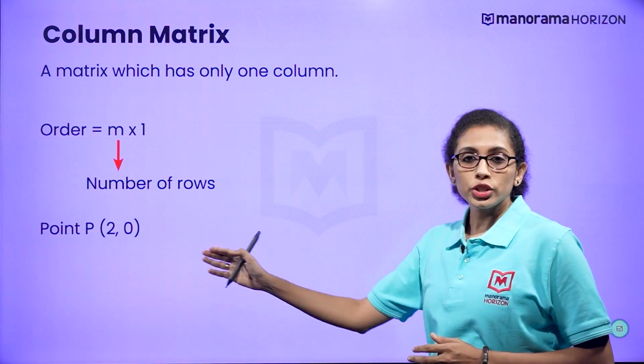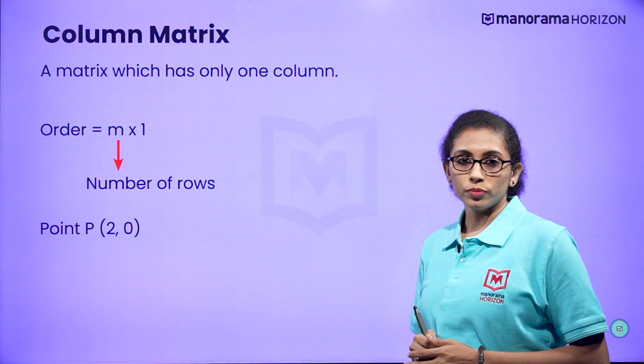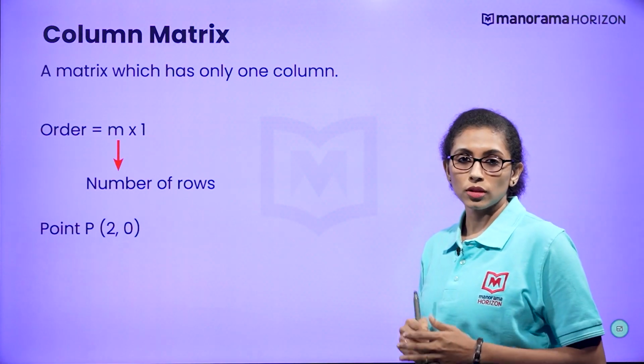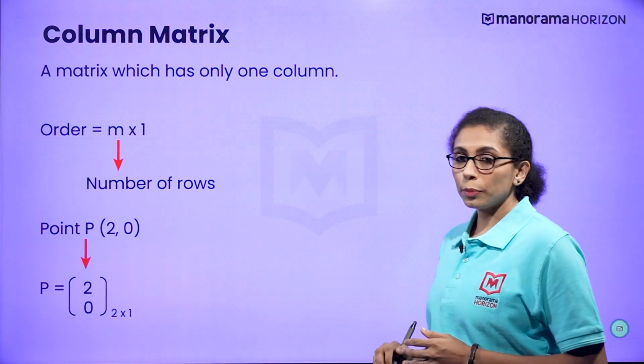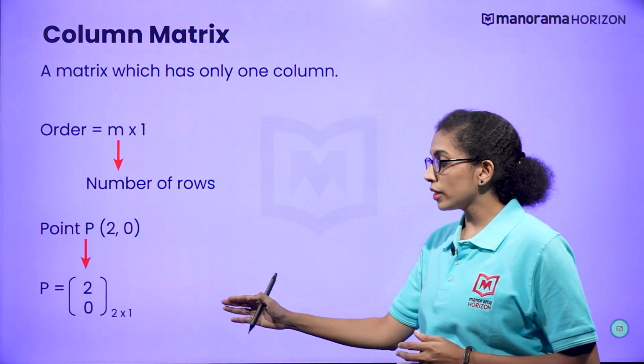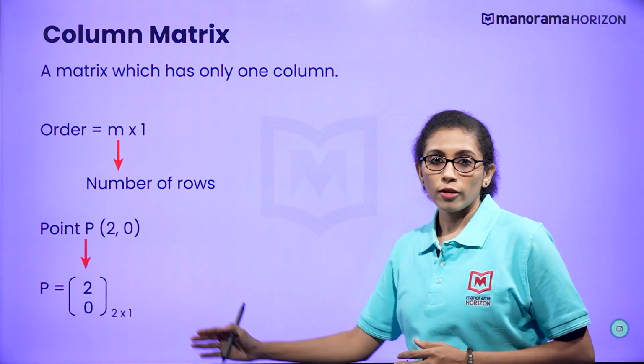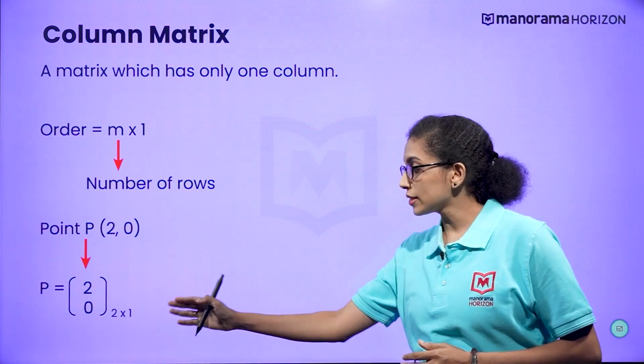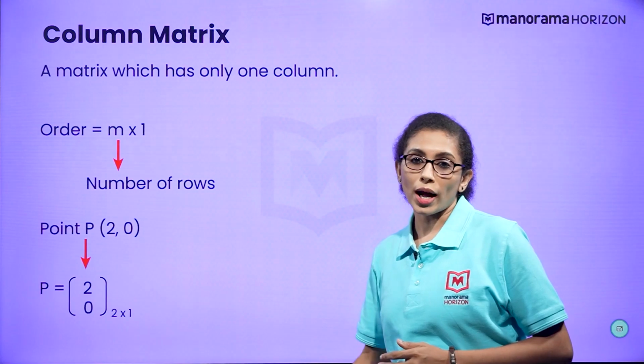Consider point P(2, 0). We can express this point in the form of a matrix. How? Point P is equal to the matrix [2, 0]. Now, the matrix P is a column matrix of order 2 by 1.